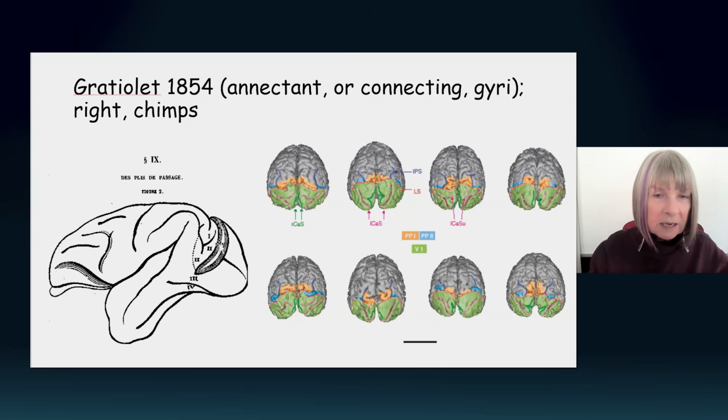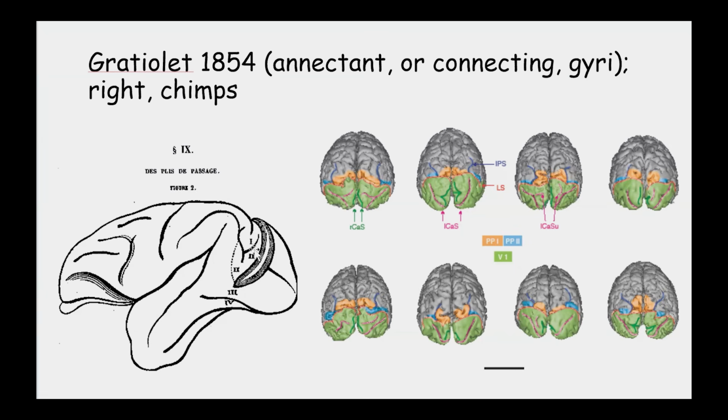So they've cut away the operculum, and you can see there are 4 sulci here that hook the parietal lobe and the temporal lobe to the occipital lobe behind. We're interested in the first one and the second one. These are connecting little gyri, little tiny convolutions that connect to the occipital region within the lunate sulcus of monkeys and apes.